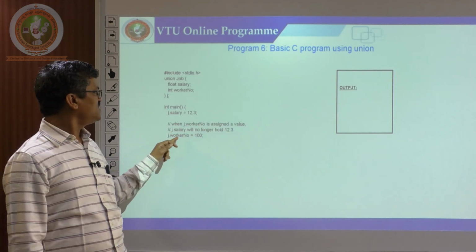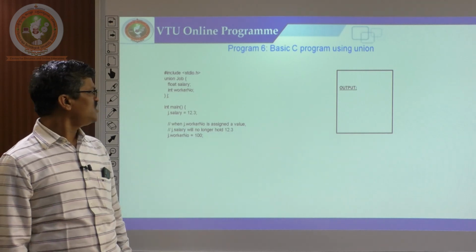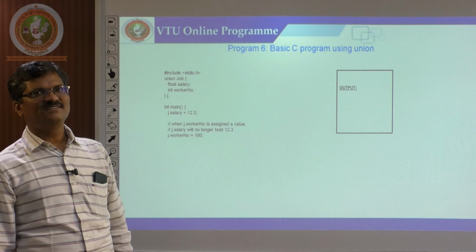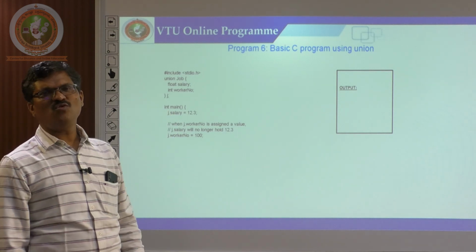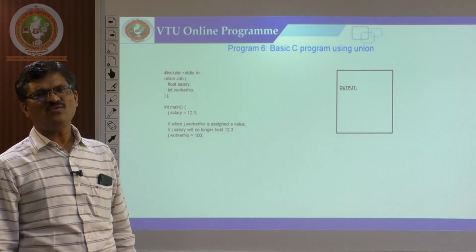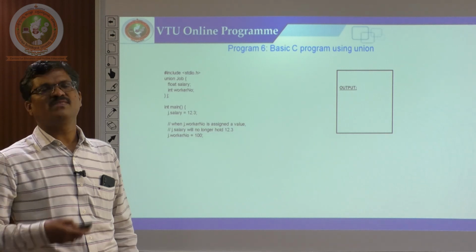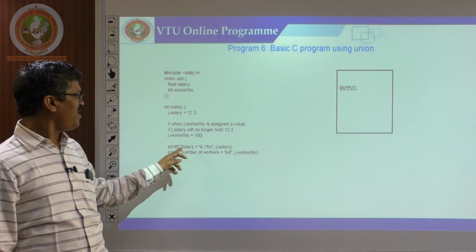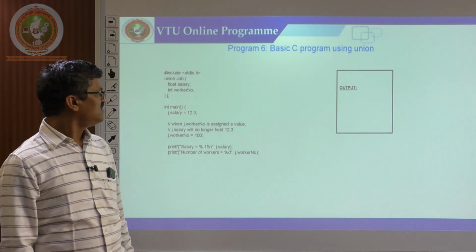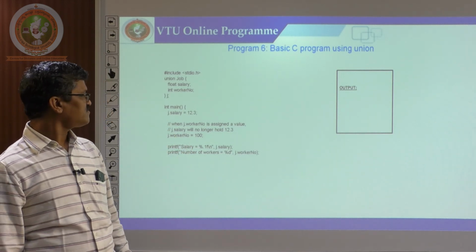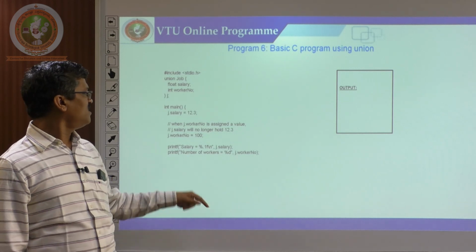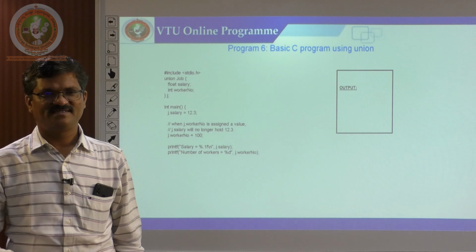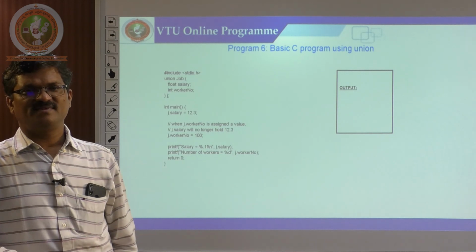But soon after this, if I assign J dot worker number to 100, we know that the salary will no longer have its value available in that memory location, because it will be overwritten. And if you happen to print now the values of salary and worker number, what do you expect as output?